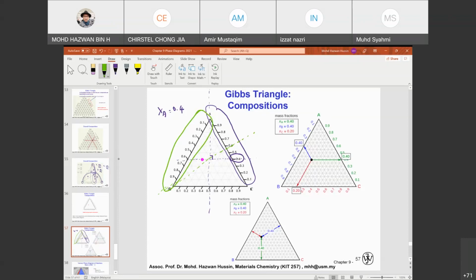B is 100%, so from 0.1 until 100%, these are the values. Any line that is perpendicular to the vertical line that you draw for B should be here. This is also 90 degrees. So what's the value? The value is still 0.4. So XB is equal to 0.4.